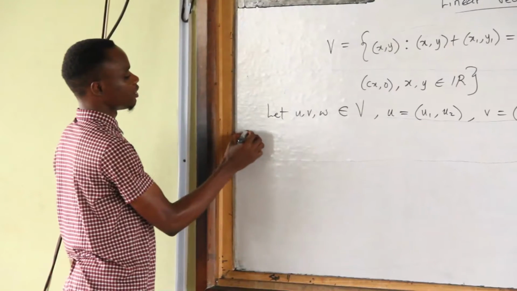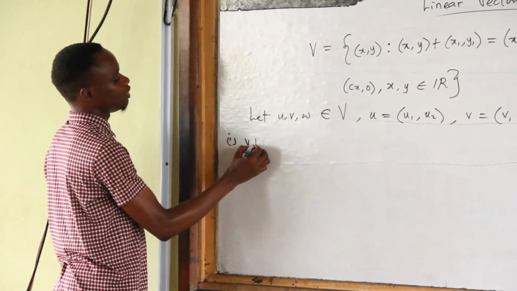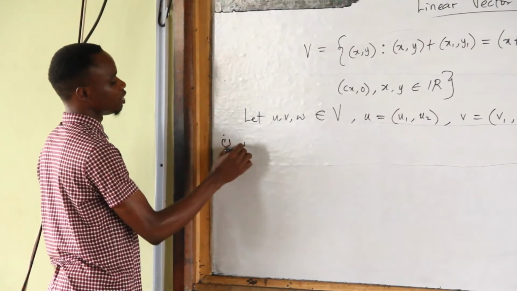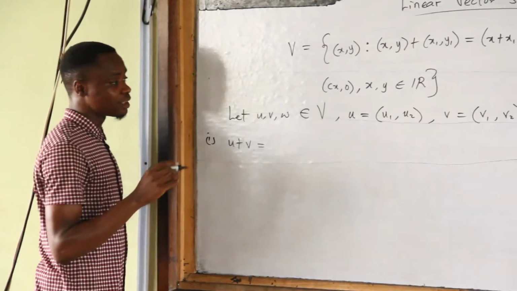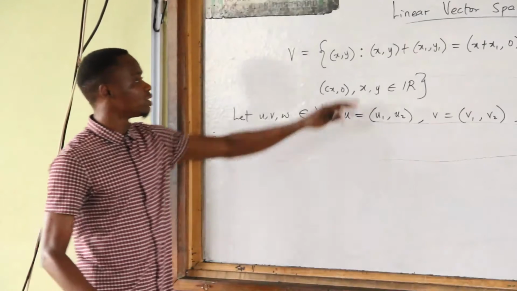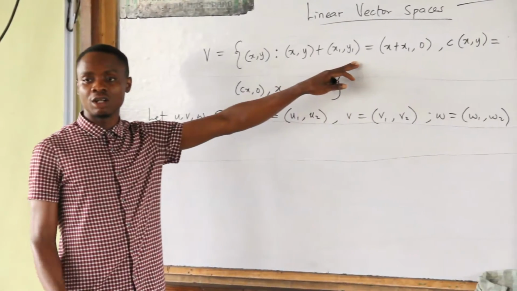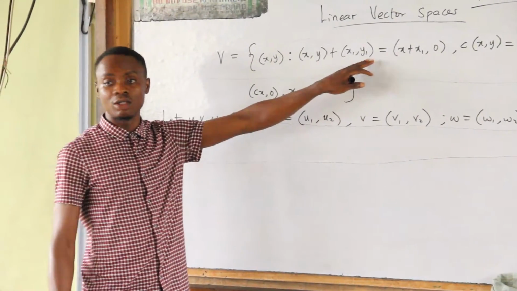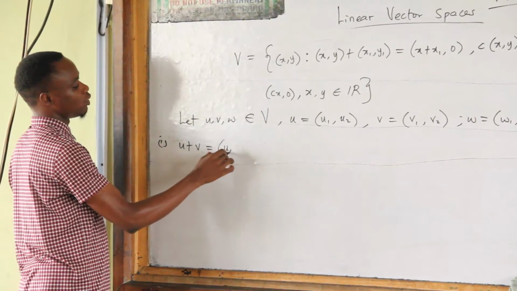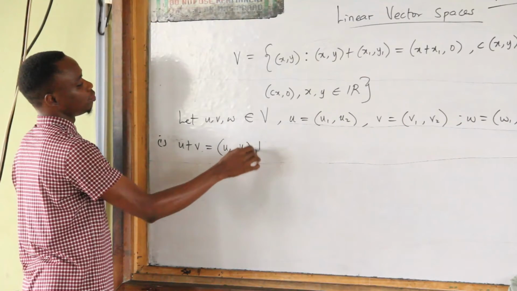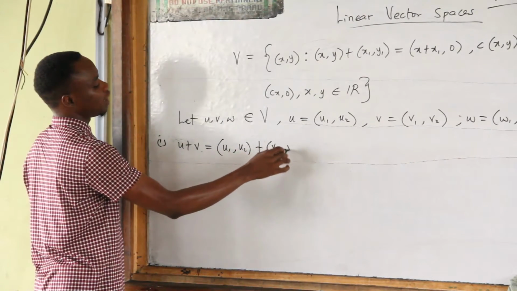In this case, the first one, I can find out what U plus V will give me. Don't forget something: I cannot just add here. I have to use the rule given in the definition of the vector space. So if I have U plus V, that will be equal to (U1, U2) plus (V1, V2).